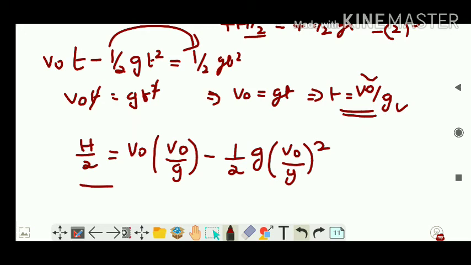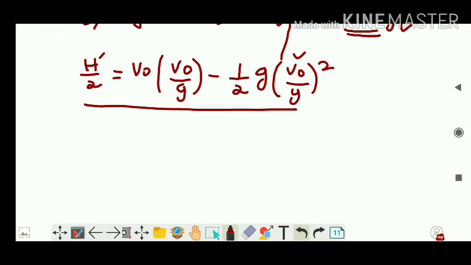So you will get an expression with v naught and h. You have to solve this equation, guys. After solving it, you will find v naught is equal to root gh. Calculation, please try to do it by yourself.